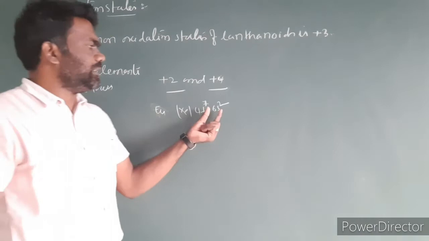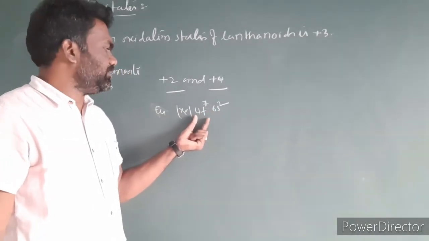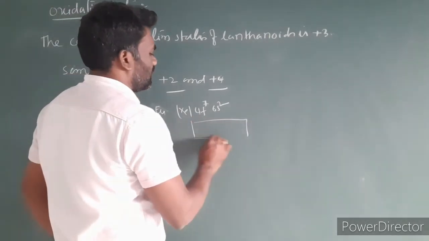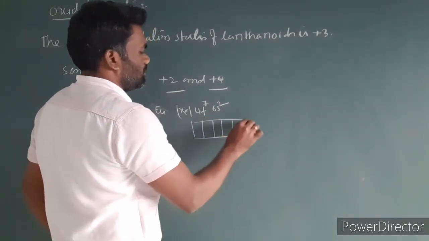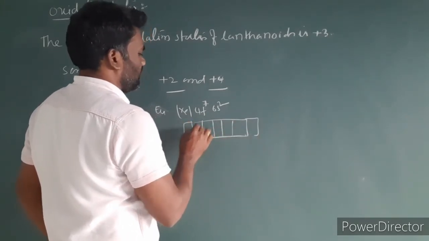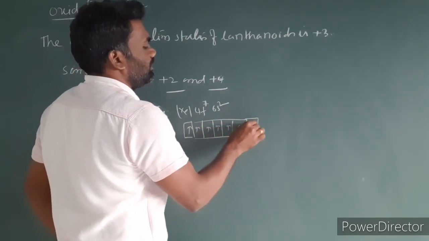If europium loses these two electrons, the number of electrons in the f orbital is 7. That means it will reach a half-filled electronic configuration: 1, 2, 3, 4, 5, 6 and 7.